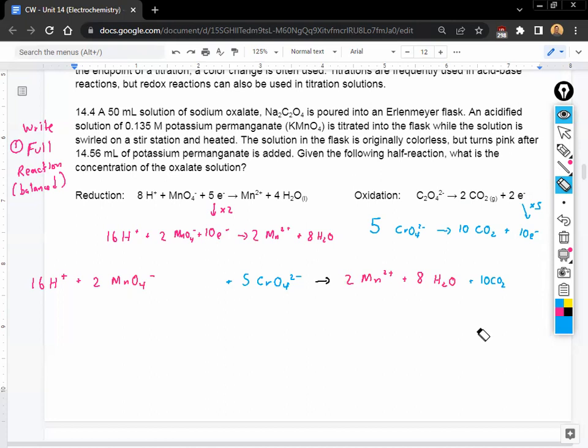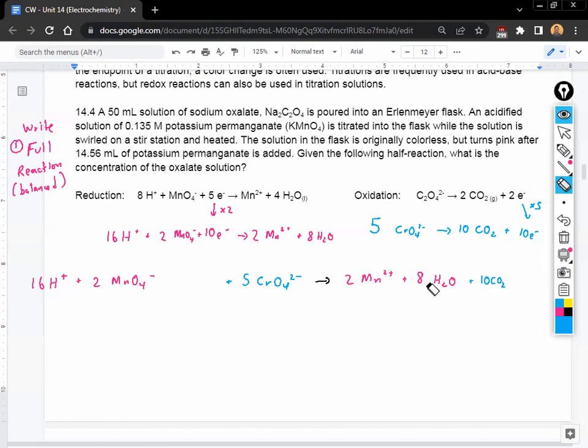And there you go. Does anyone remember what this is called? It's been a long time ago. It's the net ionic equation. Yeah, net ionic equation. So that's what we get with the full reaction, and we balanced it too.